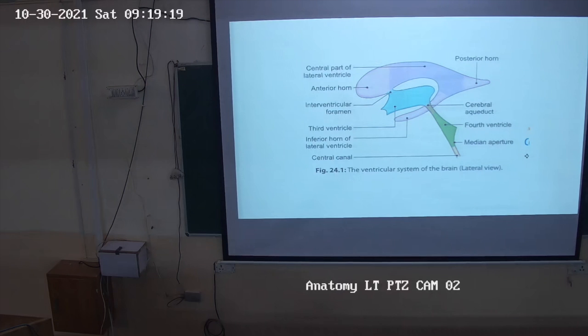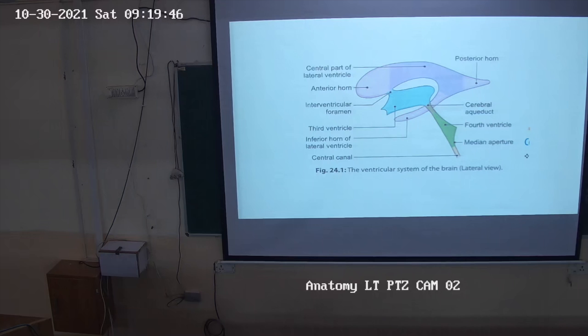Then the fourth ventricle continues downward with the central canal, starting from the lower part of medulla, then continued downward to the central canal of spinal cord. So, these are the communications.